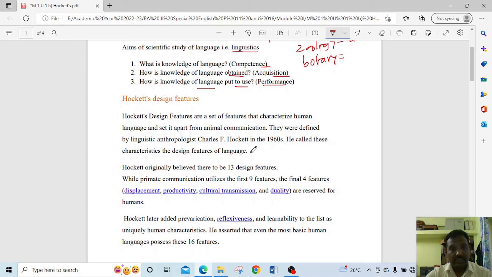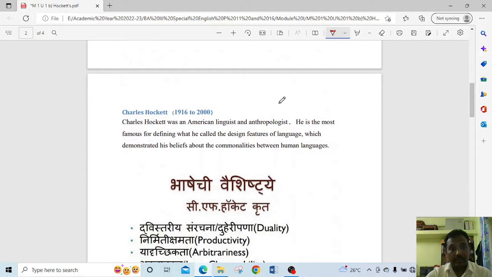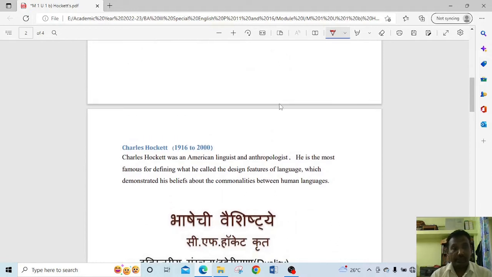The next is Hockett's design features. As I told you, Charles Hockett was an American linguist and he was also an anthropologist, and he studied language and gave design features of language. Features means characteristics of language by which the language is set.